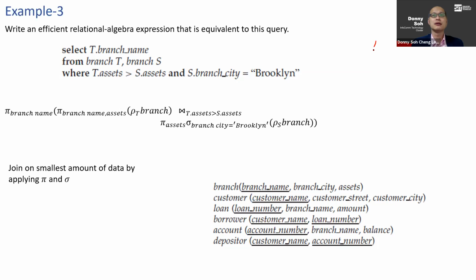So this is going to be a selection, and then after that it's going to be a join, and it's going to be a selection, and this is going to be a branch, selection, sigma, branch. Okay, so this is how I draw this query out.